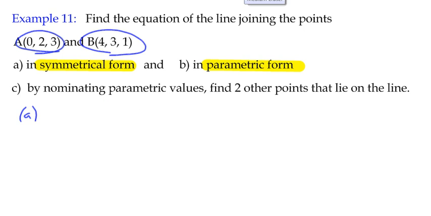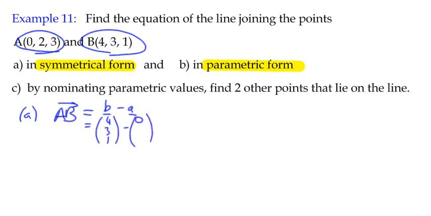What we do need to work out then is the vector AB. That's going to be our direction vector. So we can say that AB is the point B minus A. So we've got position vector B and position vector A, and we're left with 4, 1, negative 2.